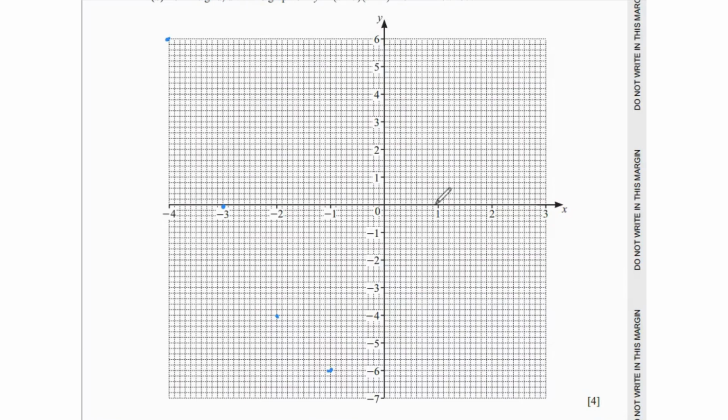Then 1, negative 4. That's here. 2, 0 is over here, and 3, 6 is right over here. So we're going to connect these points using a curved line.